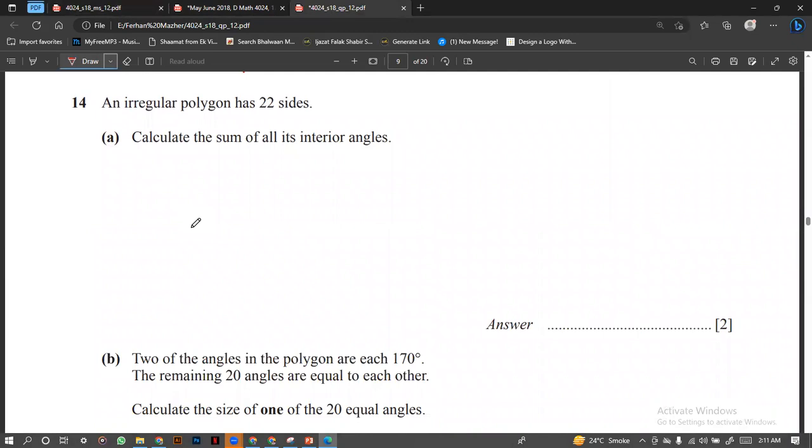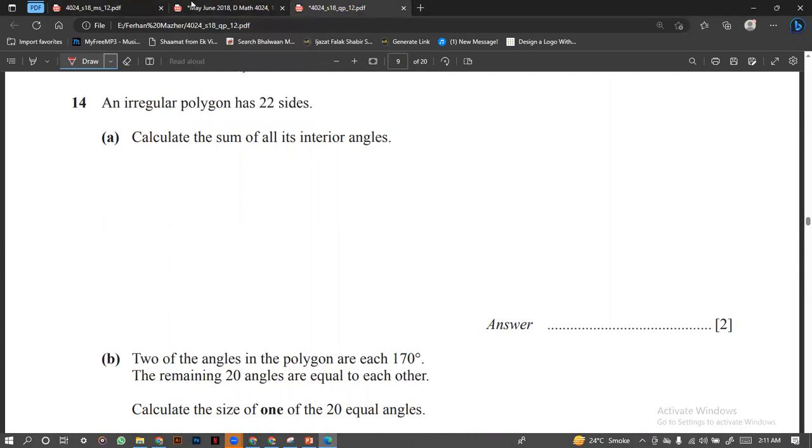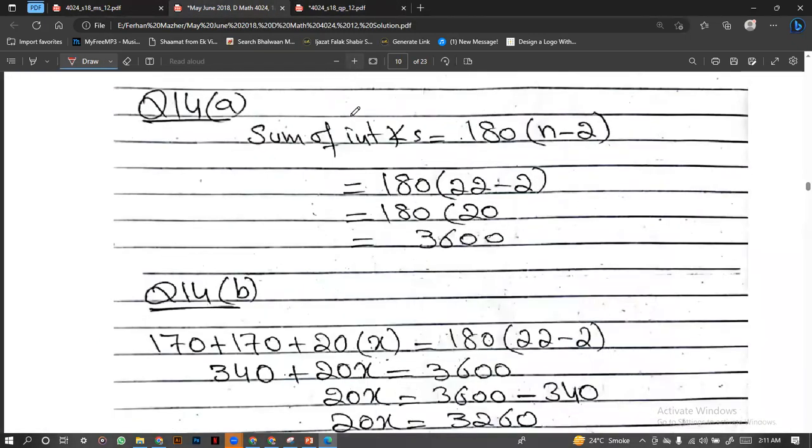Question number 14, A part. An irregular polygon has 22 sides. Calculate the sum of all its interior angles. Okay, the sum of the internal angles of a polygon, the formula is sum of the internal angles equals 180 bracket n minus 2 bracket close. So the formula is very simple.